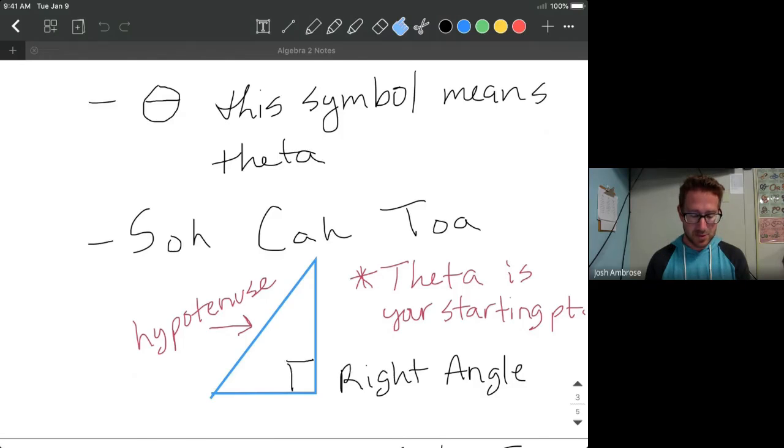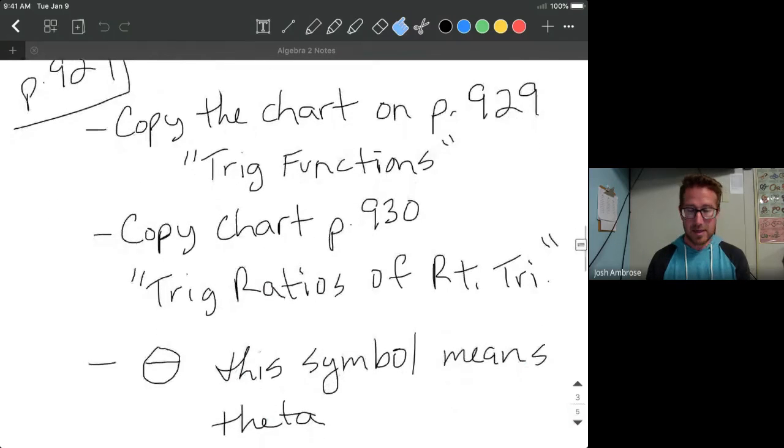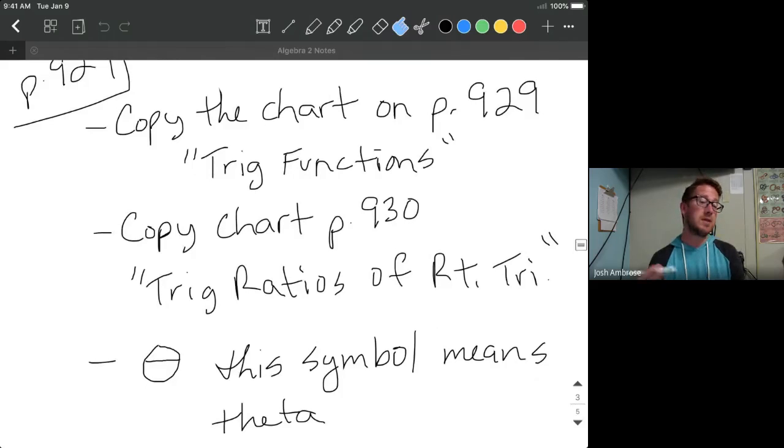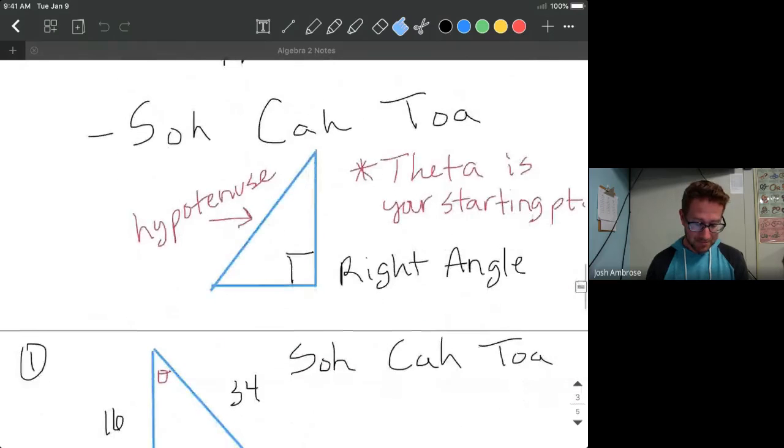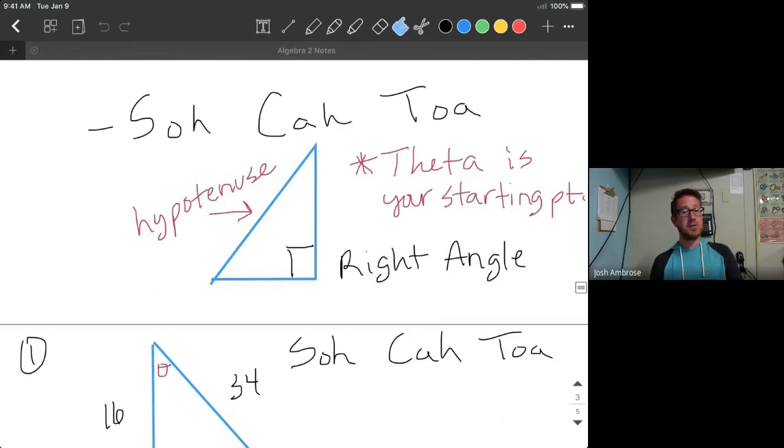Copy those down, or at least know we will be referencing those charts throughout the section, and you're going to need to have them memorized or written down when it comes time for your test.